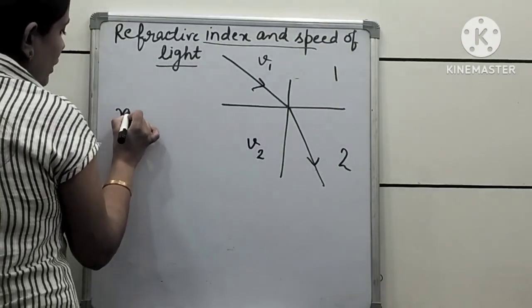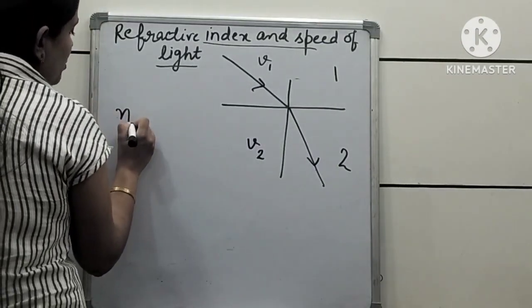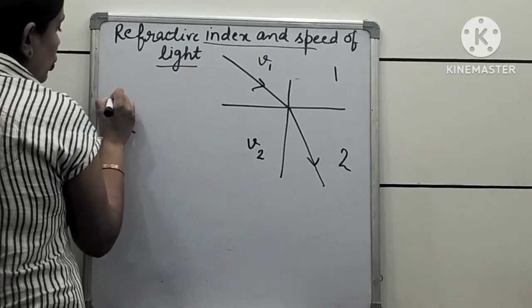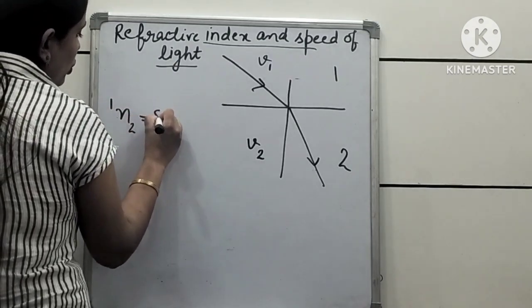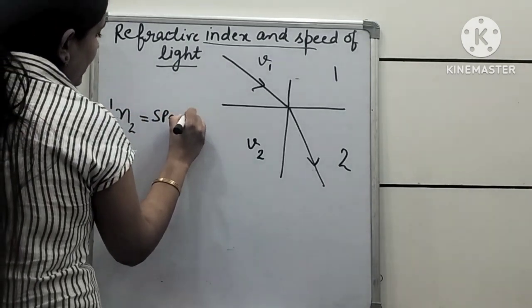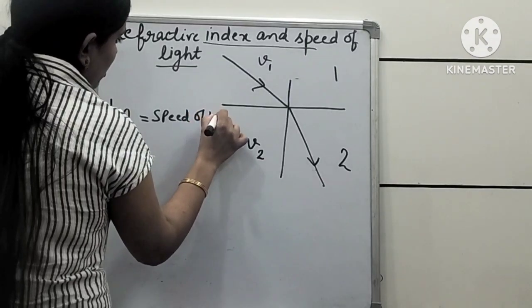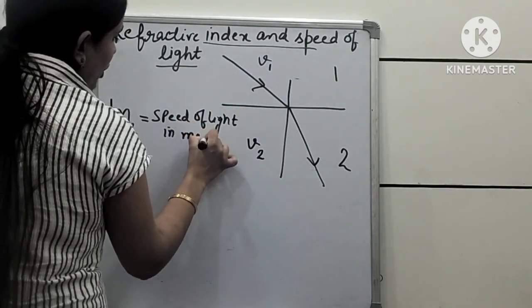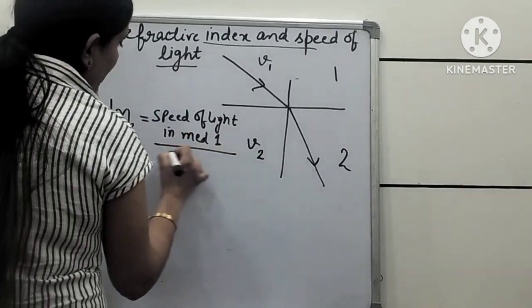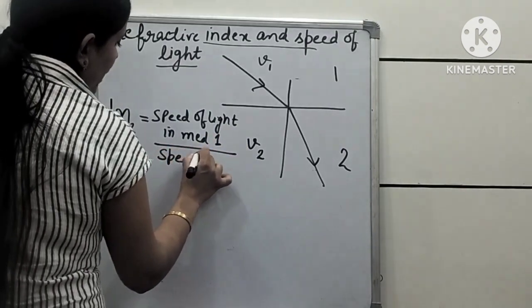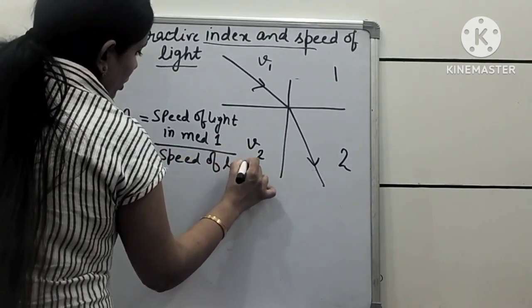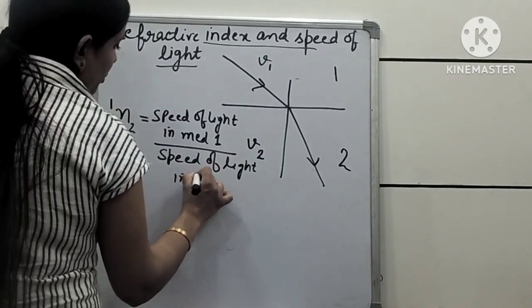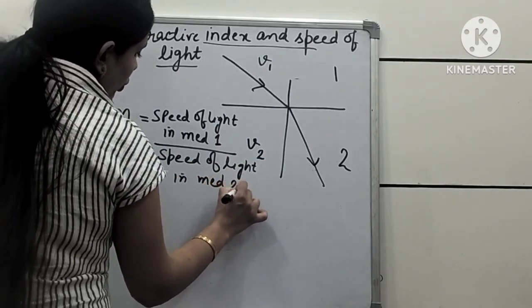So the refractive index of medium 2 with respect to medium 1 is equal to the speed of light in medium 1 divided by the speed of light in medium 2.